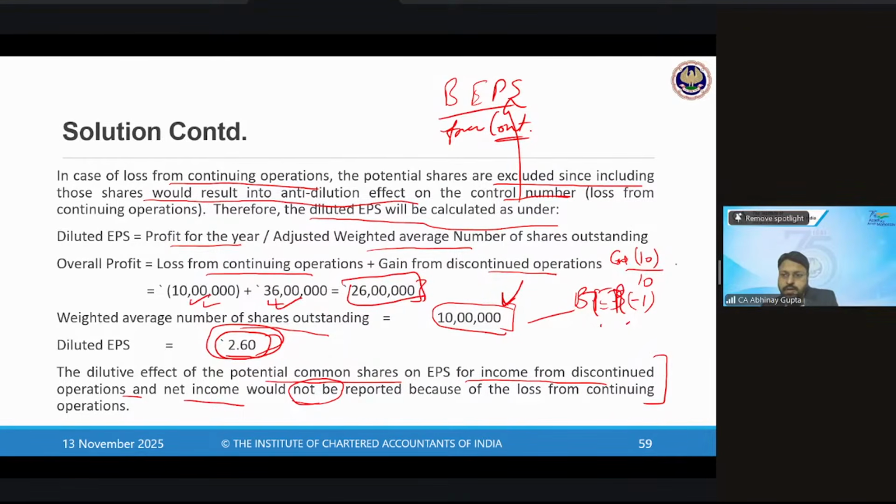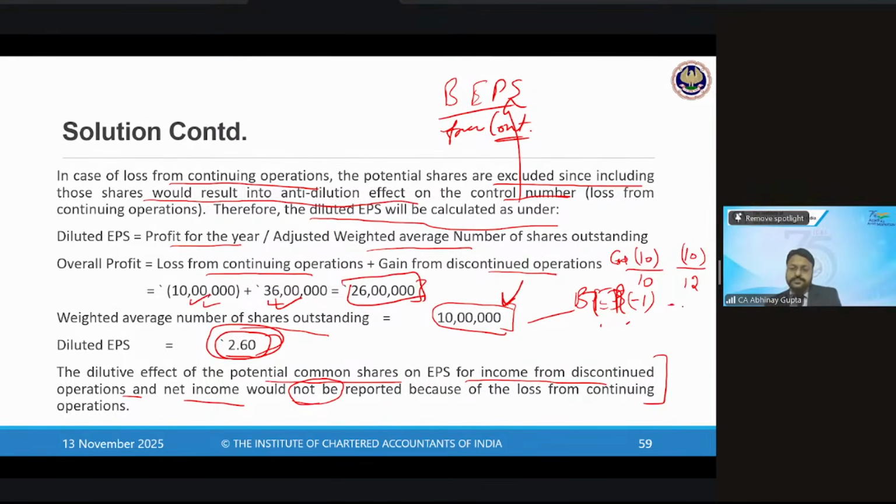Now, if I calculate the diluted earning per share from continuing operations, then my loss is how much? 10 lakh divided by my number of shares, which would be 12 lakh. What would be the answer?